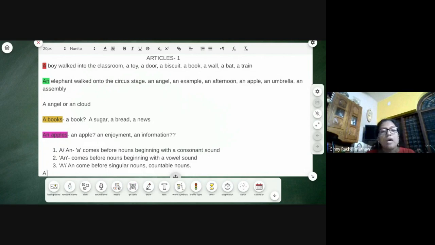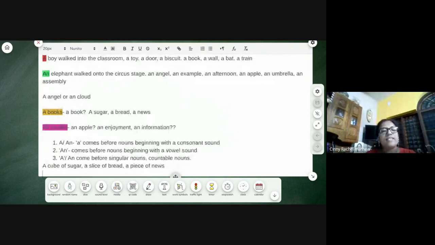That is, a cube of sugar. All right? A slice of bread. A piece of news. This is the way it should be used.